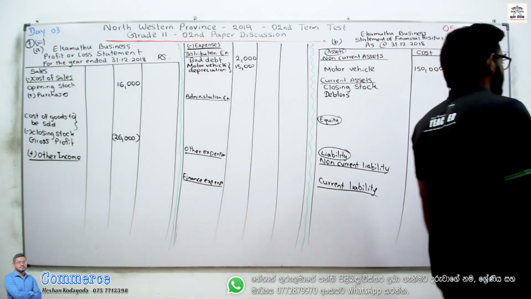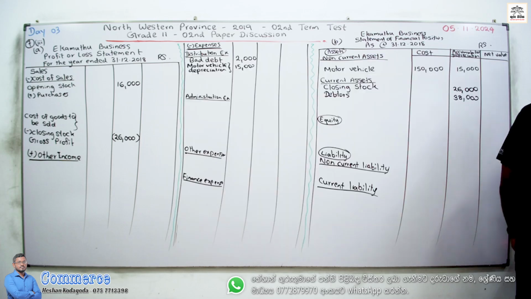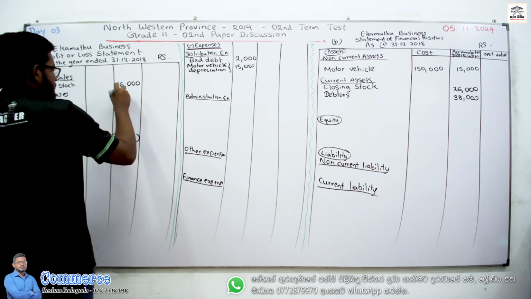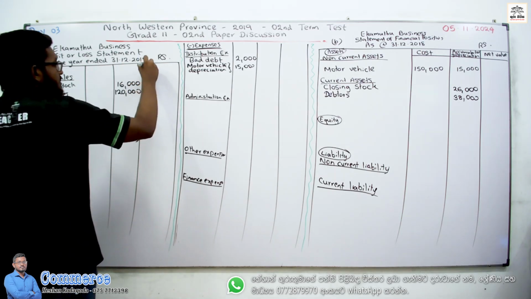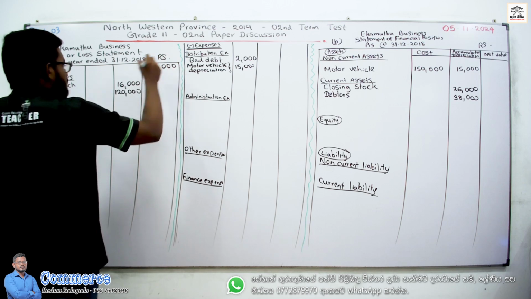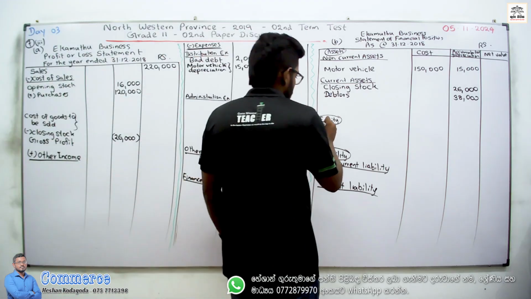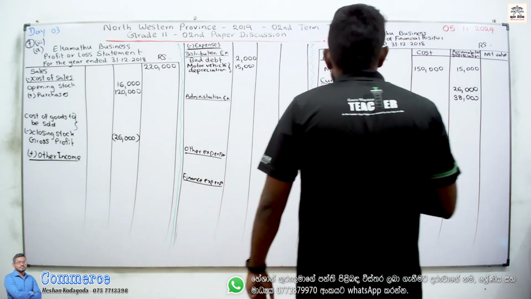Purchases 120,000, sales 220,000, capital 212,000. Write in the relevant places.